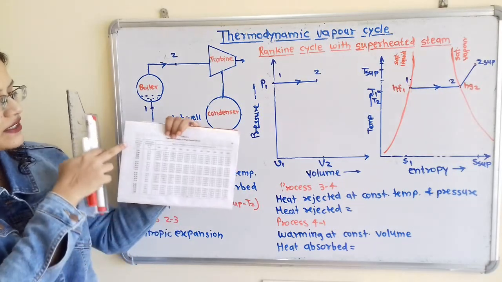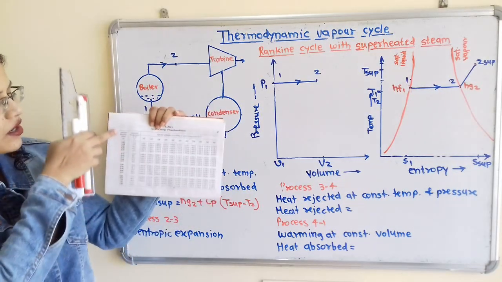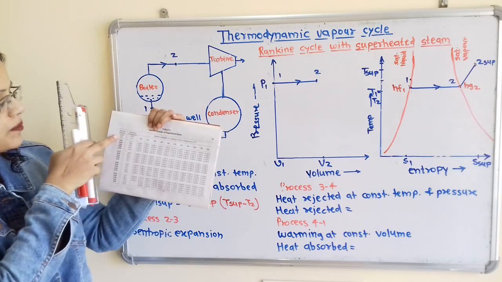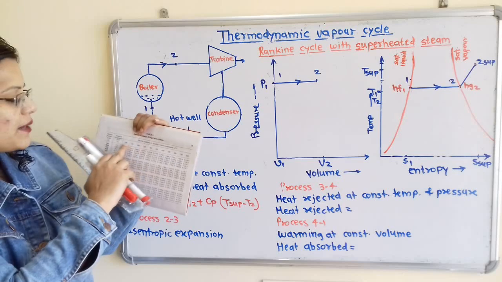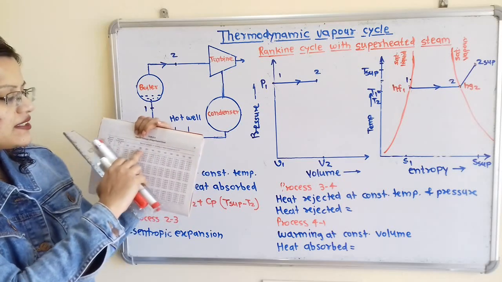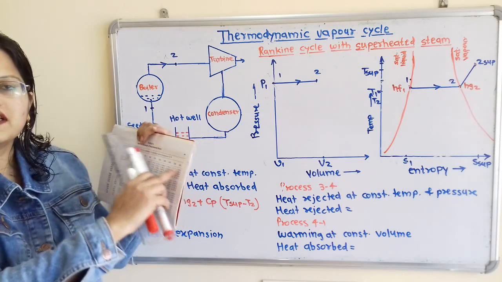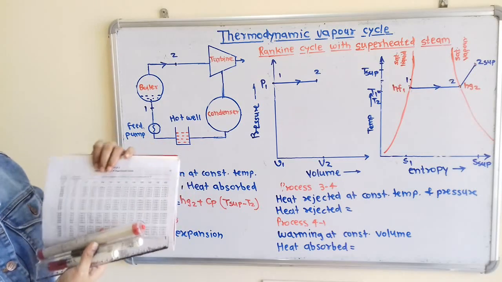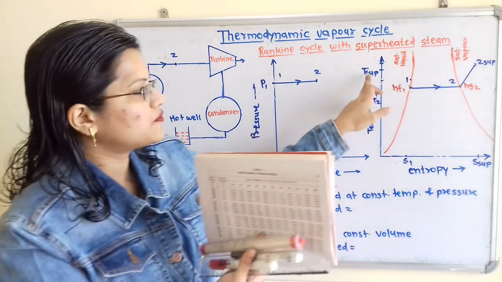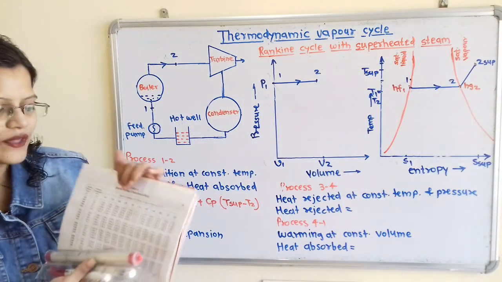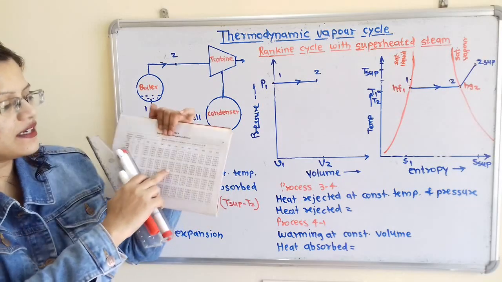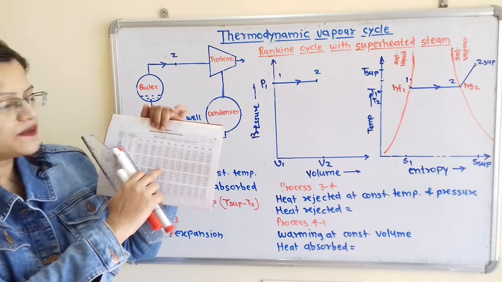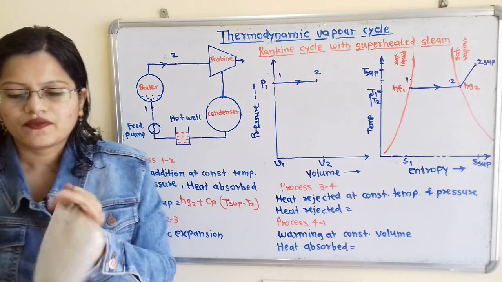So here the table is given: on this vertical column absolute pressure in bar is given, and on this horizontal line the temperature is given. These temperatures are given for the superheated steam. So we have to take this pressure and related temperature, and here we can find out the specific enthalpy.